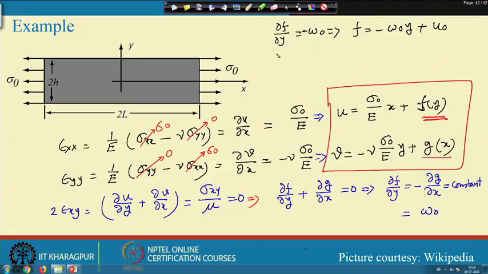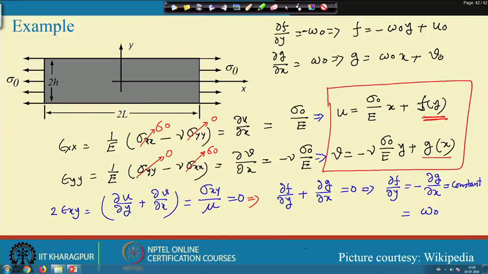And similarly, del g del x will be omega 0, so this gives you g is equal to omega 0 into x plus a constant of integration v 0.